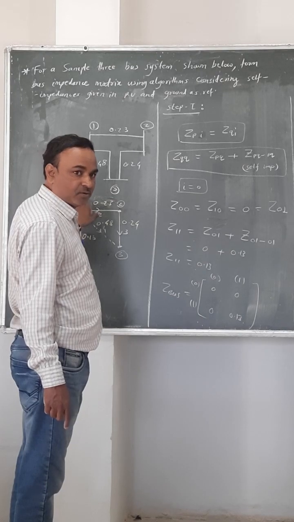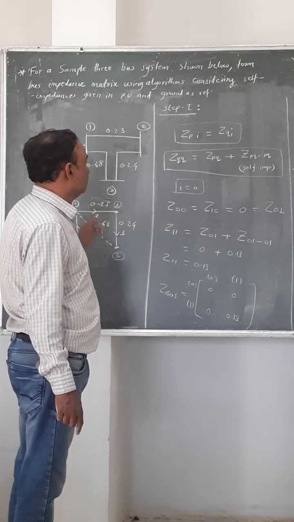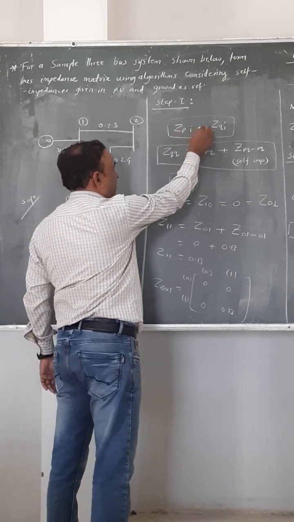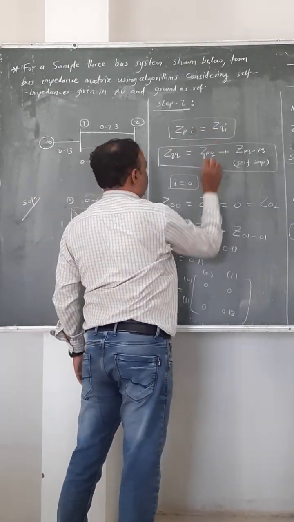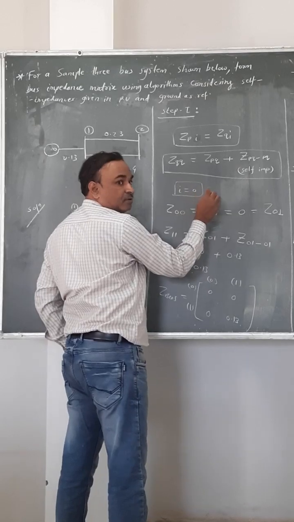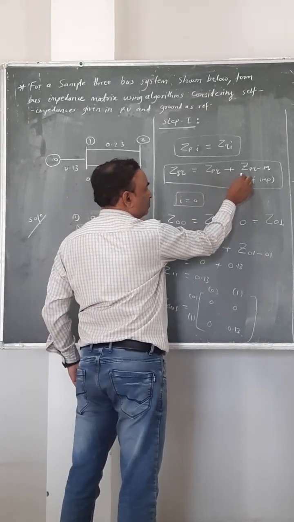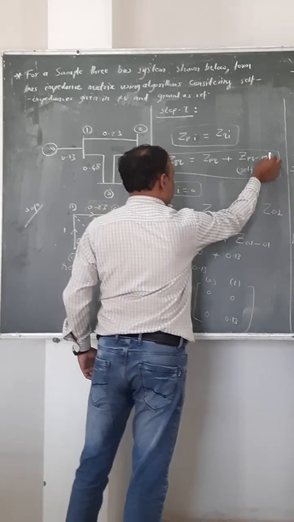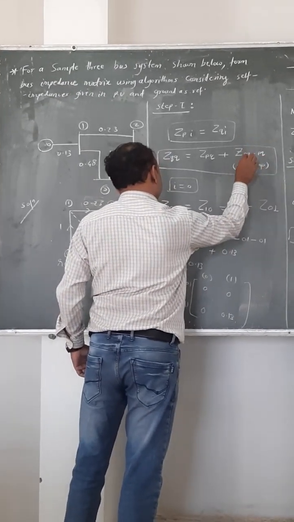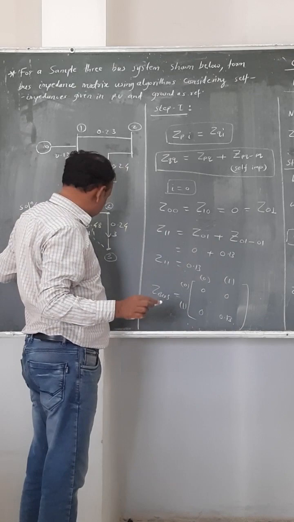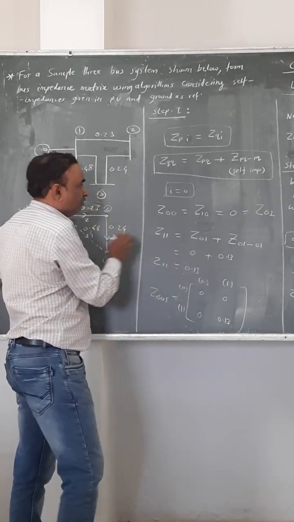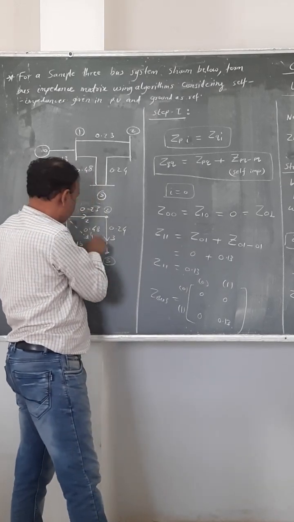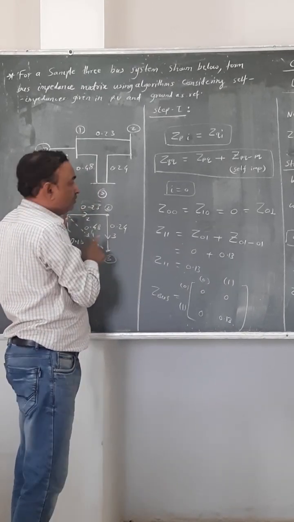We have the formulas: Z_Pi equal to Z_Qi, and Z_QQ equal to Z_PQ plus Z_PQ dash PQ. This value is the self impedance, which I will always take from this figure, this tree. Is it clear?